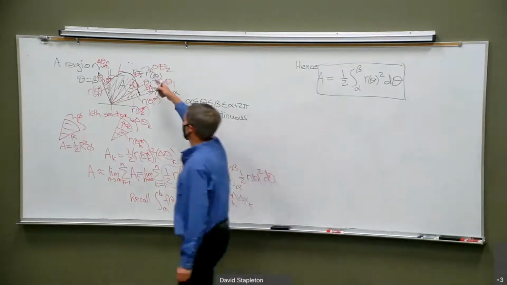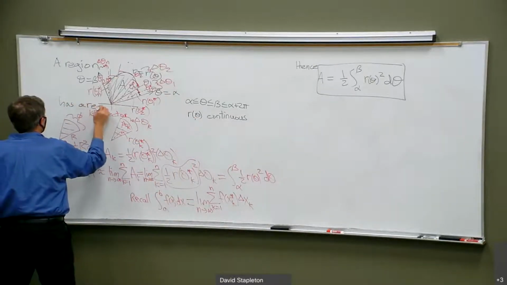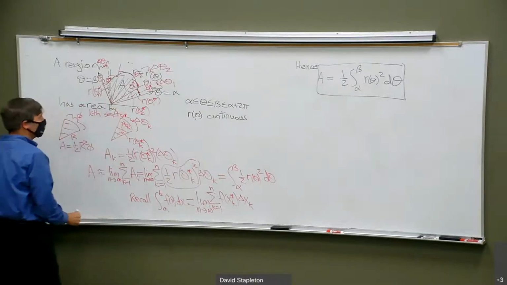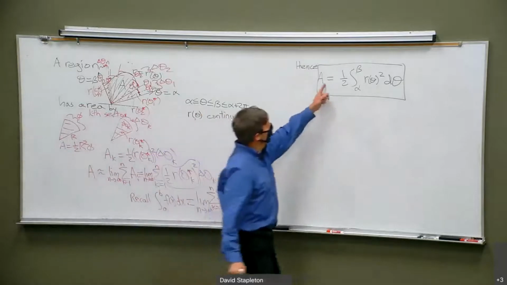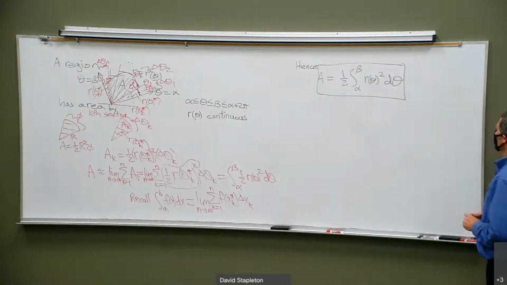We'll say a region like this has area given by this construction. Hence, we've defined by that construction the area to be 1/2 integral r squared d theta.